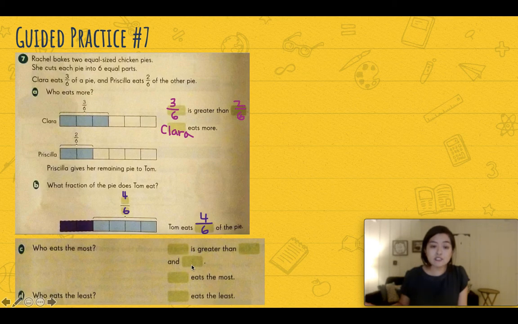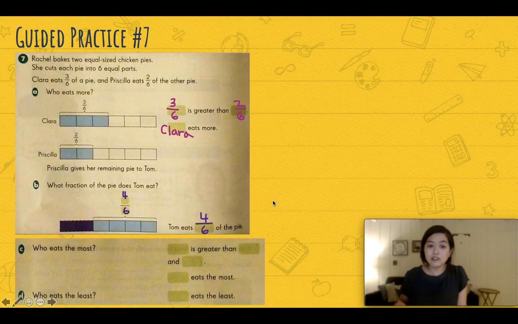Which fraction is greater than the others? Well, I noticed 3/6, 2/6, 4/6 all have the same denominator. So let's look at the numerator. The numerator 3, 2, and 4. Sorry, my slide went back, but now it's in the correct spot. So 3, 2, and 4, it looks like 4 is greater than 3, which is greater than 2.